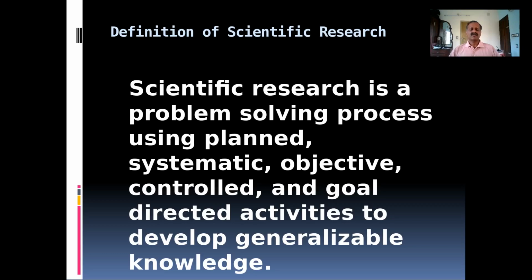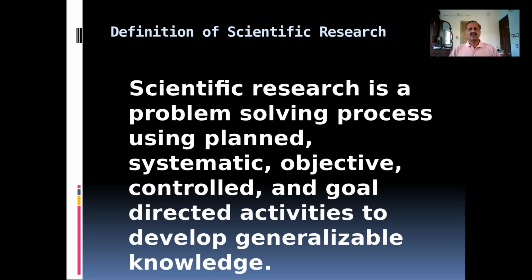And this definition is taken from a textbook written by Polit, Introduction to Nursing Research. And this we consider as an ideal book to read. The copy is available in all libraries, and you have to read this particular book.